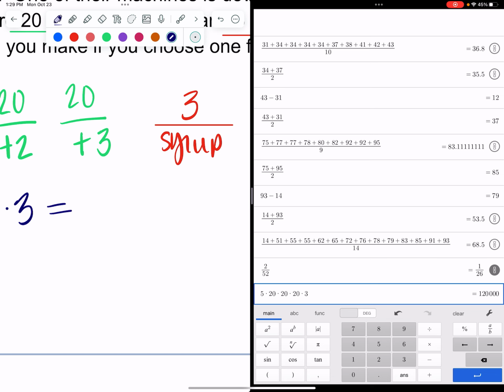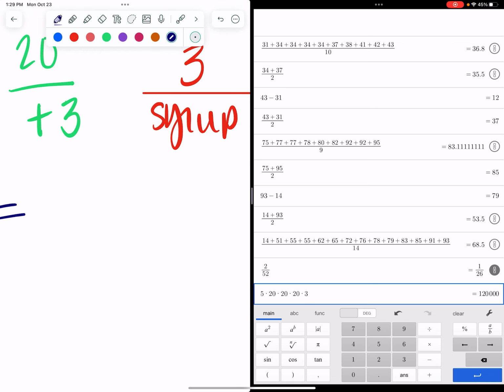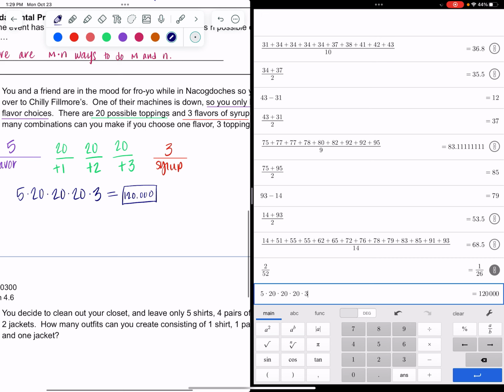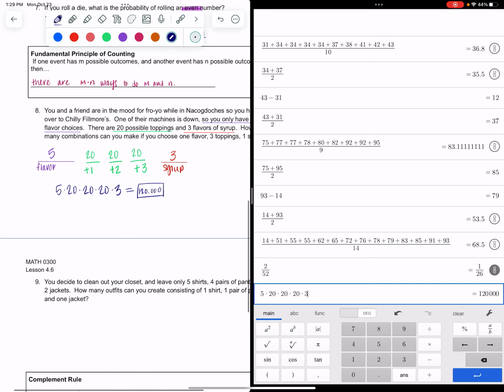The fundamental principle of counting says I have 120,000 different ways that I could choose 1 flavor, 3 toppings, and 1 syrup.